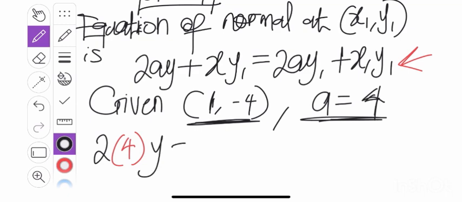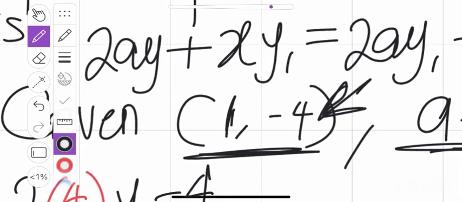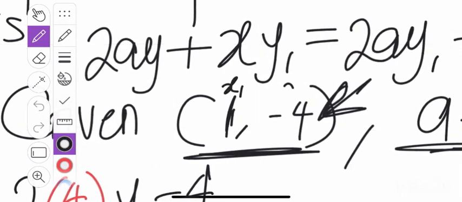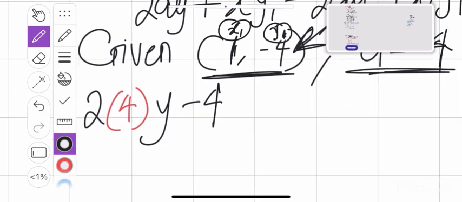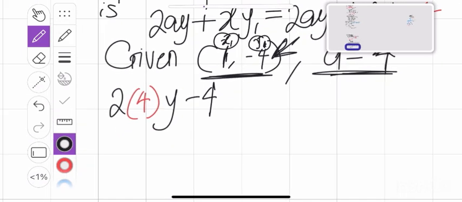Then continuation as y plus. No, we can't have plus, we have minus now, because remember this y1 is negative, so it's negative 4. So it's going to be negative 4x. Remember that point there is indicating x1 and y1, and y1 is negative 4. So instead of writing x y1, I have my y1 to be negative 4.